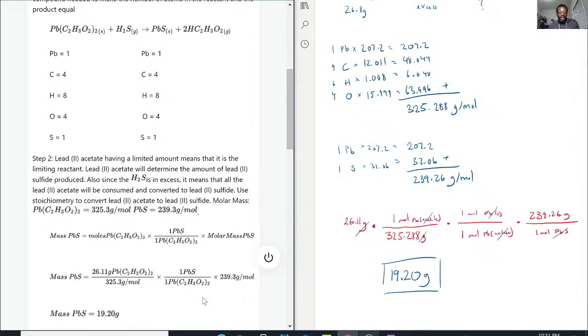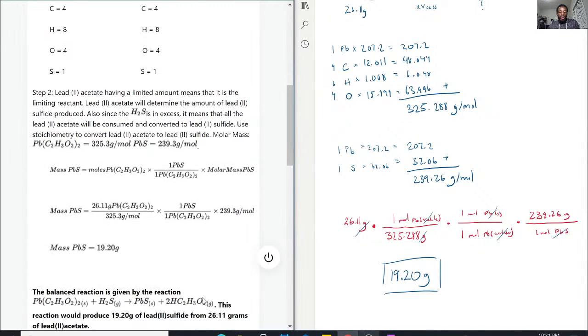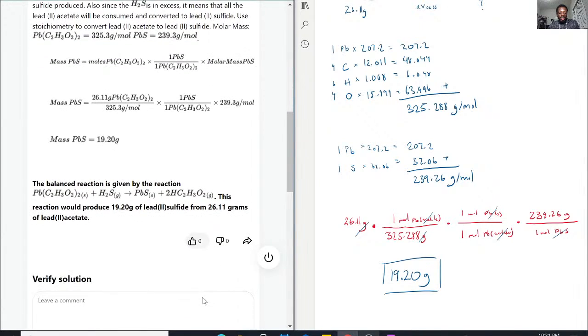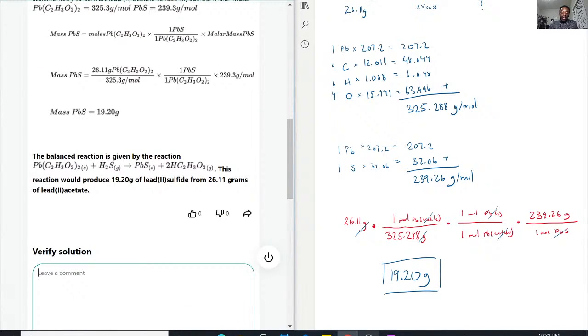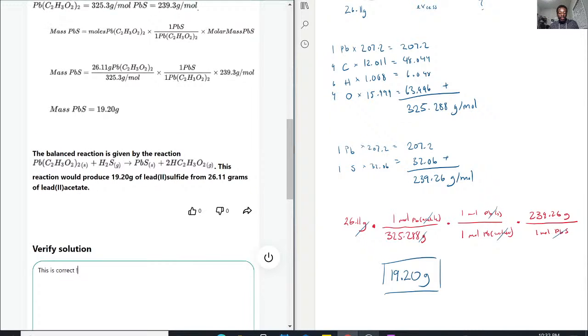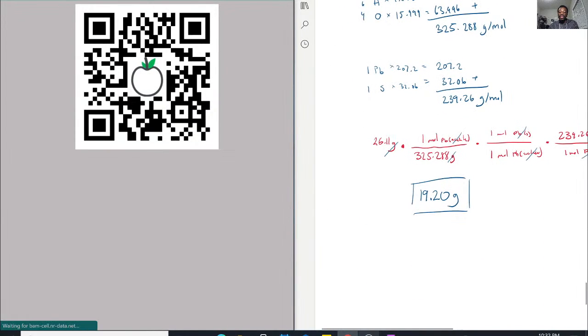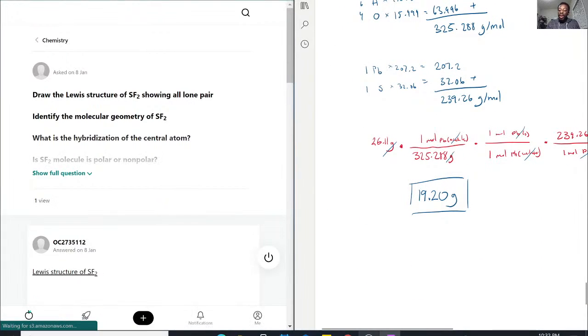By doing that and multiplying everything, they got 19.20 grams. Okay, and this is how they got the answer, and that is correct. So we've now solved question 22. We're moving on now to 23.